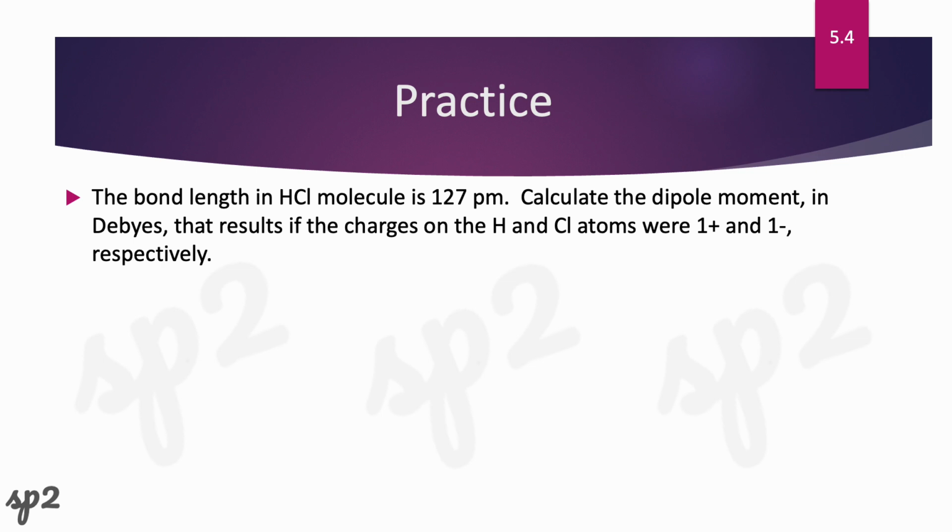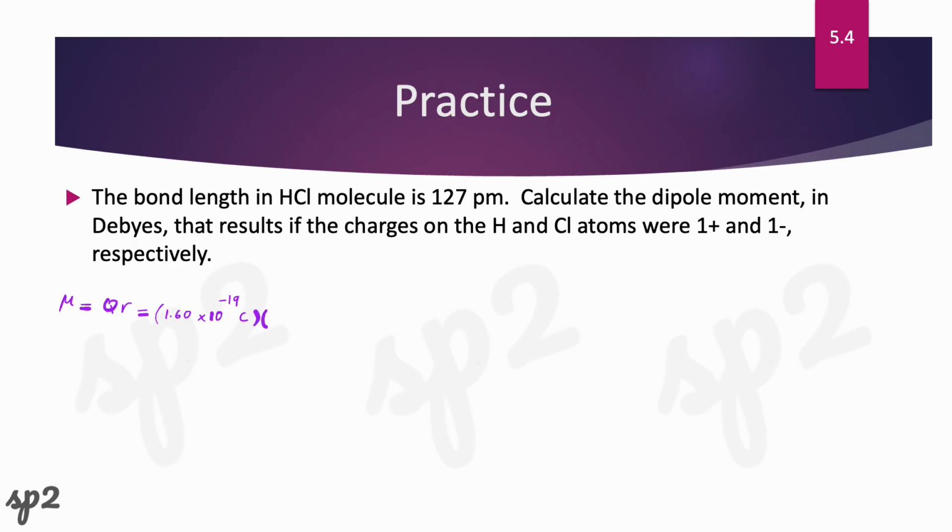Bear with me. Okay, so I know that my dipole moment goes by Q, the charge, times R, the distance between them. The charge here is just the charge of an electron, the Coulomb charge, which is 1.60 times 10 to negative 19 Coulomb.